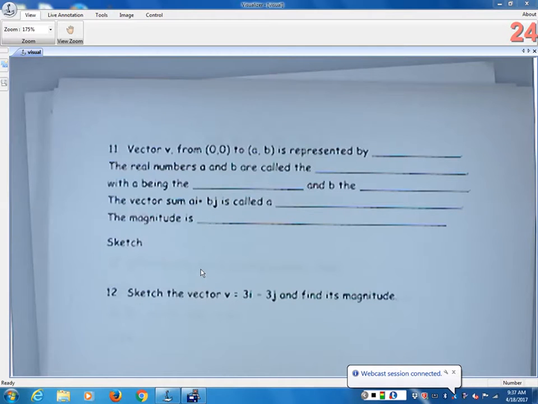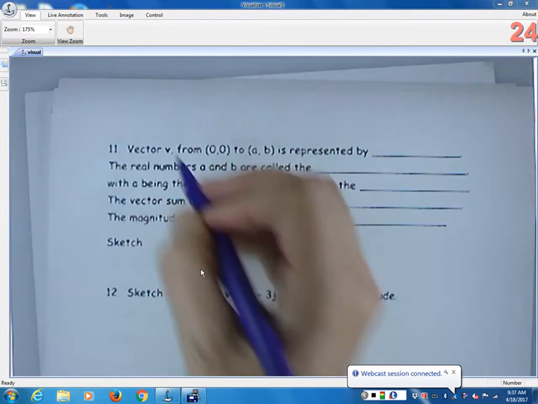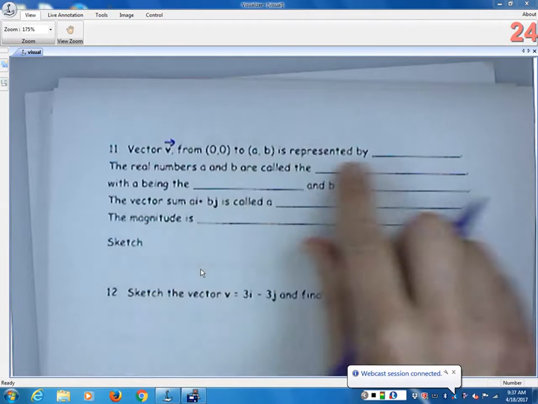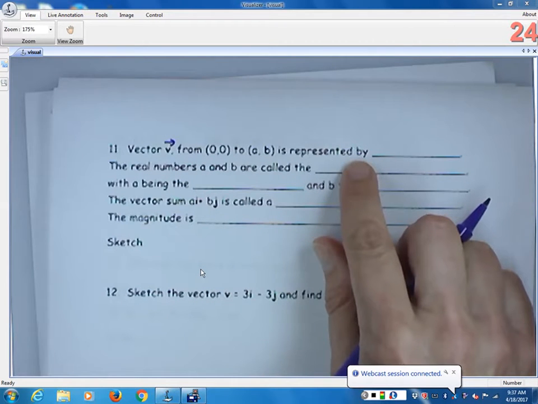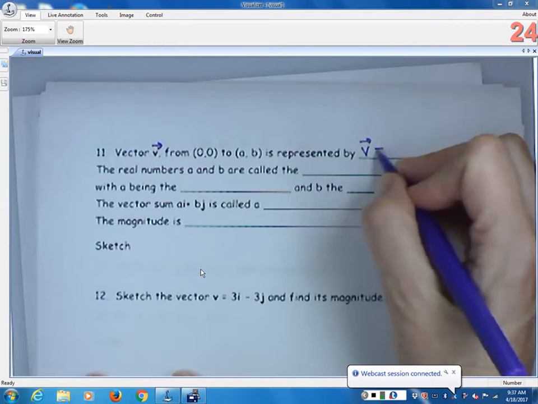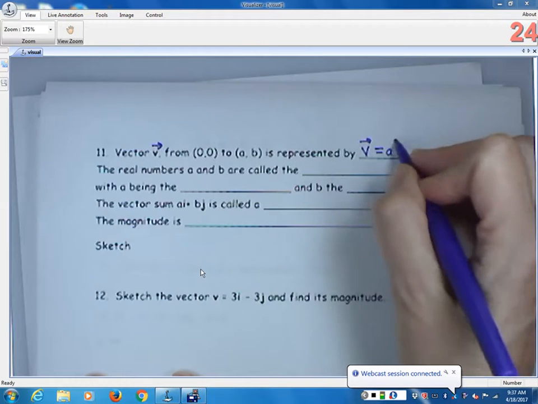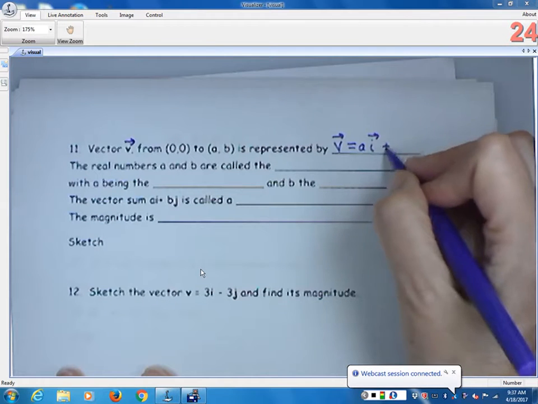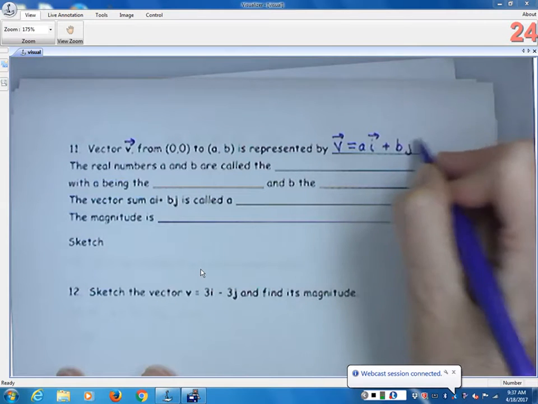More definitions. Vector v, if you draw vector v from the origin to the point (a, b), you can represent it with these unit vectors by v equals a times the unit vector i, plus b times the unit vector j.